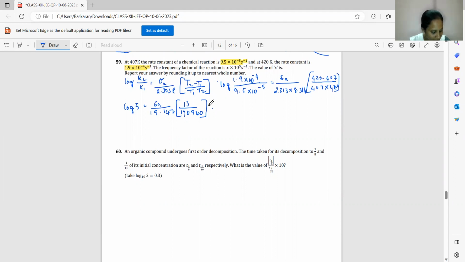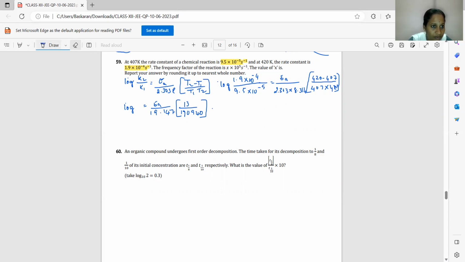So finally, you will get a value of... one second, students. You will get a value of... I'm sorry, here log 1 by 5 you will get... because 19 5s are allowed.